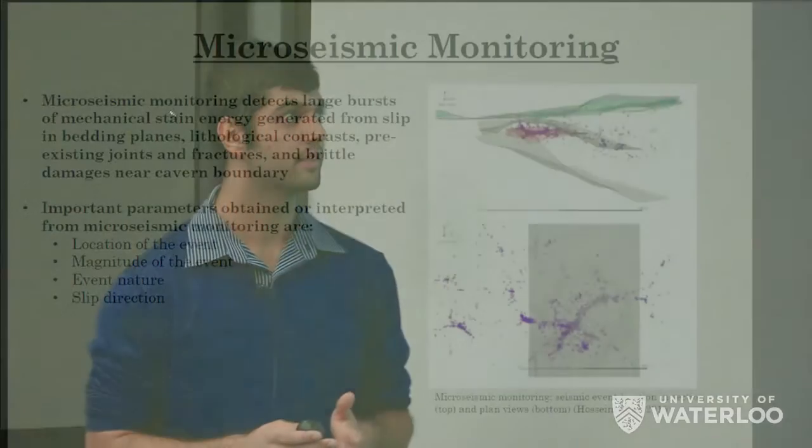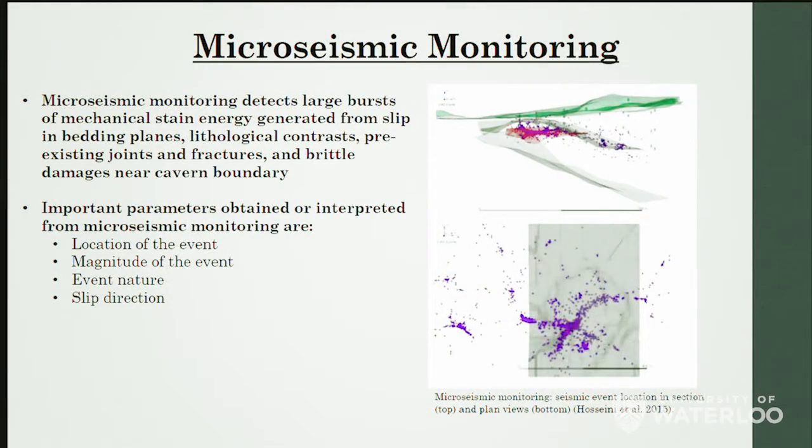The second monitoring technique is microseismic monitoring. Days or even months before any major cavern collapse event, such as roof failure and any major damage, the cavern does show some warning signs. And warning signs come in the form of fracture initiation or bedding plane slip.